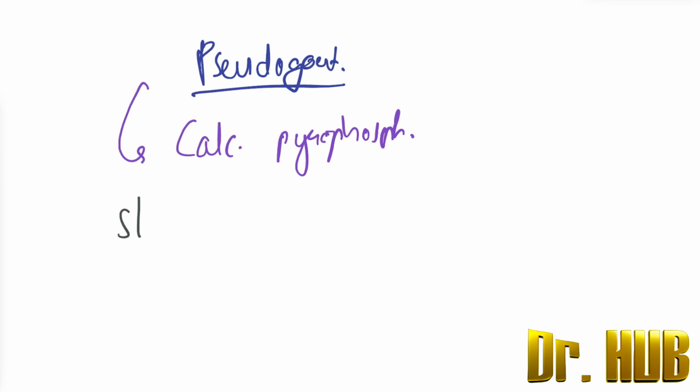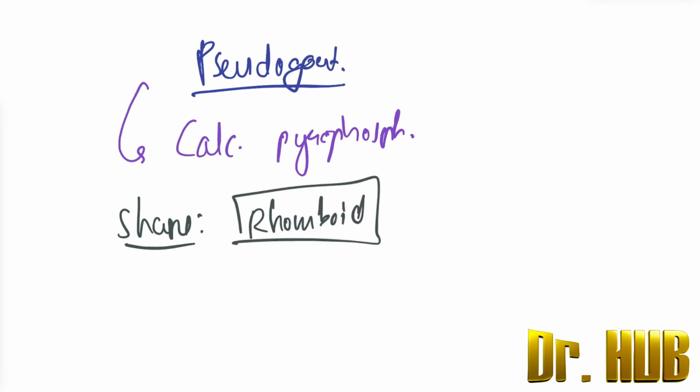Next, we look at the shape. In terms of the shape, it is rhomboid. So rhomboid is what is present in pseudogout.